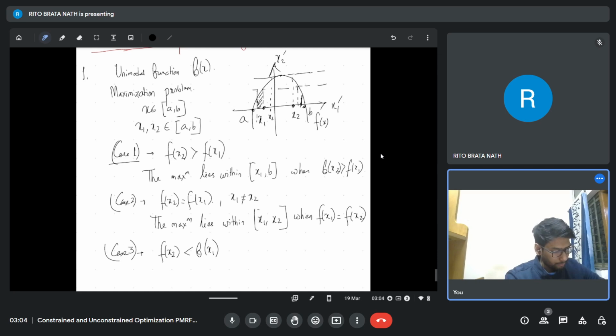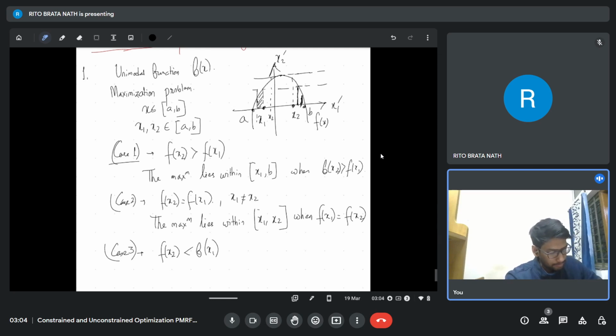In that case what you know for certain is that between x2 and b there will not be anything, because your x1 could be here as well, and this could be your x2, so you cannot eliminate what is to the left of x2.